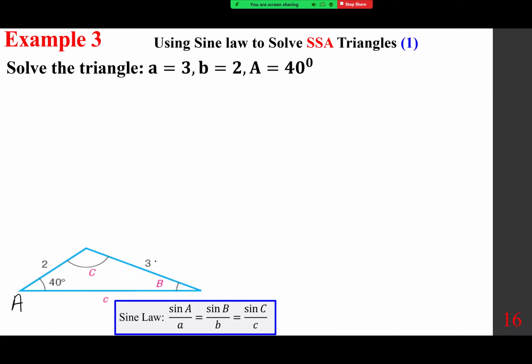This is A, because this is lowercase a. And this is C. Those are the vertices.